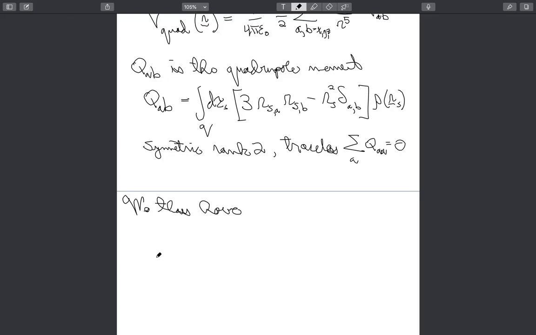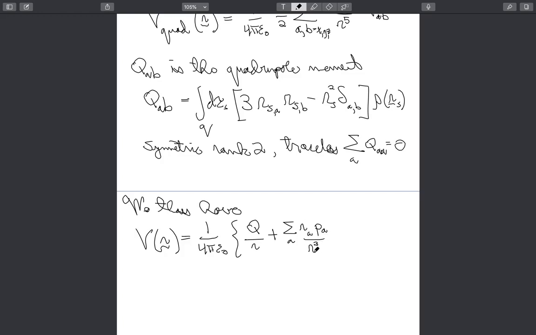we have our beautiful approximation for the electrostatic potential of a source charge distribution, 1 over 4 pi epsilon 0, with, what do we have? We have the monopole term, Q over R. We have the dipole term, so sum over A of RA PA over R cubed.